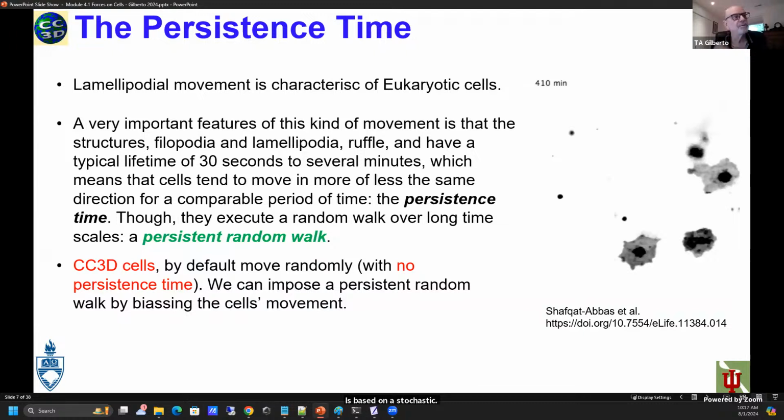Remember the Boltzmann probability? So to get the persistent random walk, we will have to impose this persistent movement by hand. Okay, so we will implement a mechanism that will have this kind of motion, the persistent random walk, in the cell.